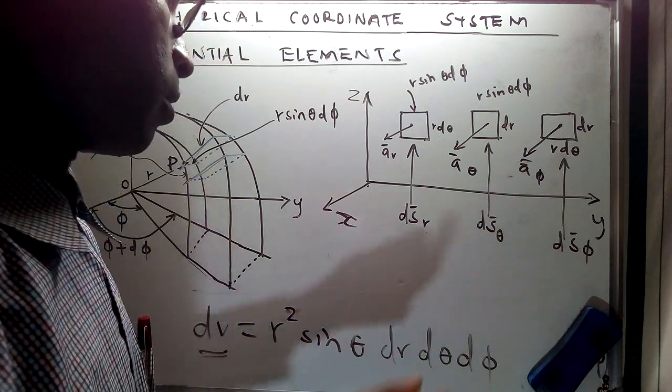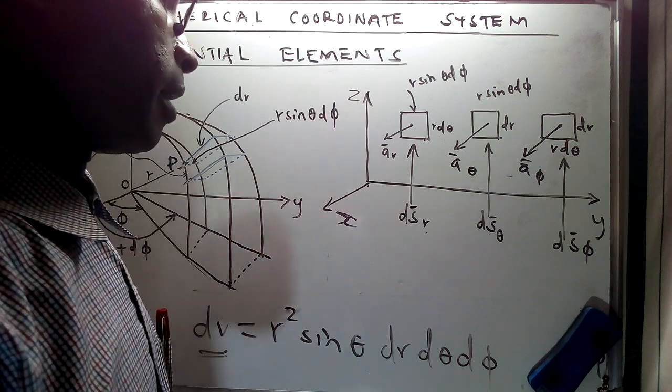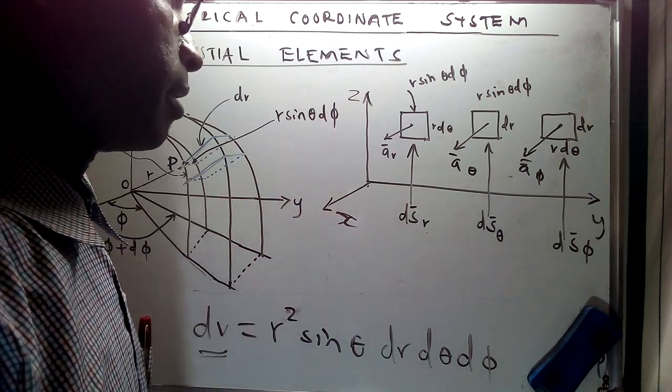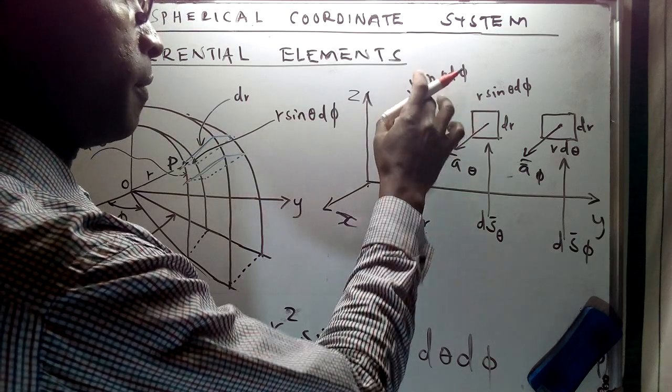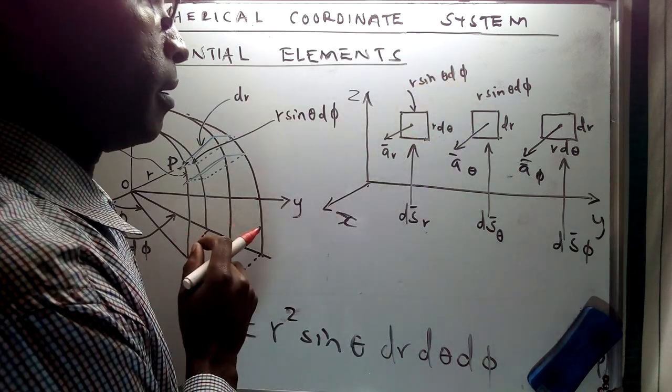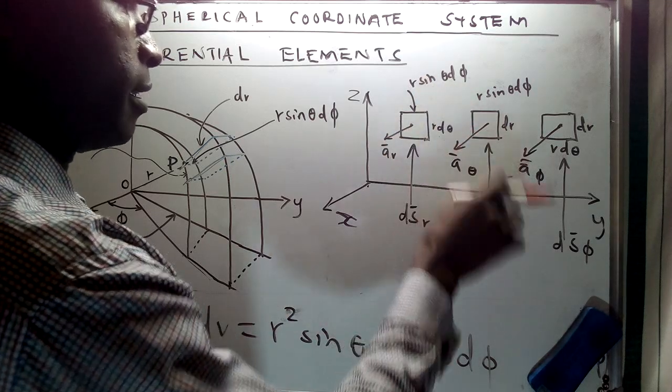So the extension of phi is going to be given as d phi, the extension for theta is going to be given as d theta, and the extension for r is going to be given as dr, and the various surface elements can be defined using these sets of variables, for the first one, the second, and the third.